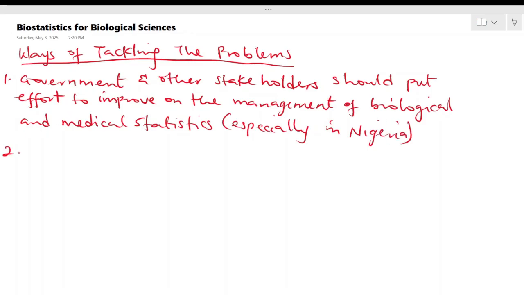On point number 2, another way of tackling this problem is that computerized databases of biological and medical statistics should be established. In Western countries, we have some of these solutions already in place, so they don't even have all of these as problems anymore.